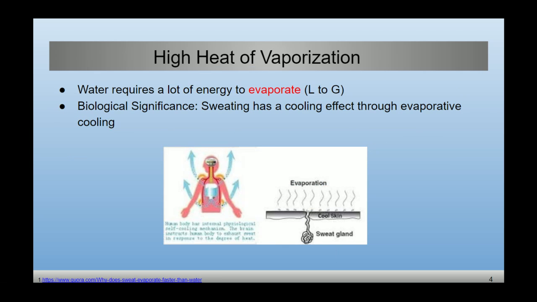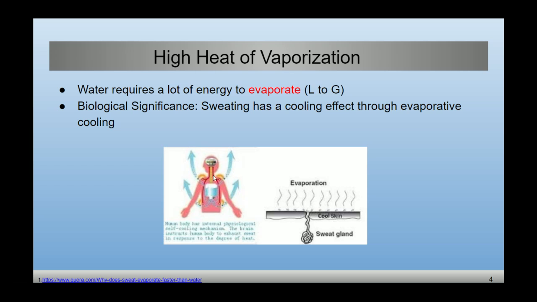The next property is high heat of vaporization. Water requires a lot of energy to evaporate from its liquid to gas phase. The biological significance listed here is the sweating cooling effect. Sweating in organisms like humans has a cooling effect through evaporative cooling.